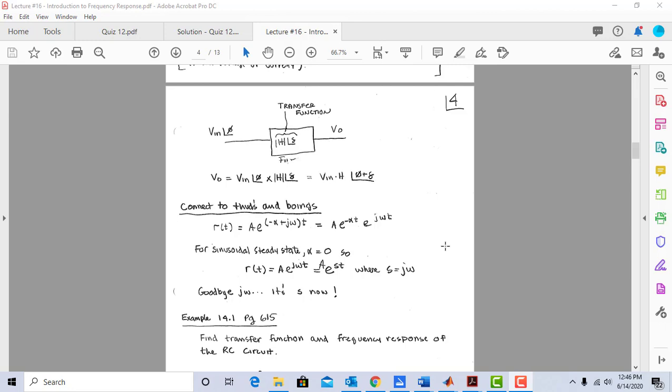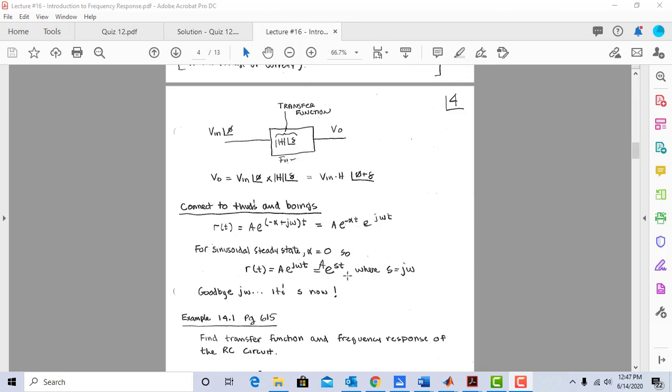And that is the sine wave that we're talking about when we do both AC steady state analysis and frequency analysis. So for sinusoidal steady state, our response is going to be A e to the j omega t. Alpha is 0, so e to the 0, that's 1.